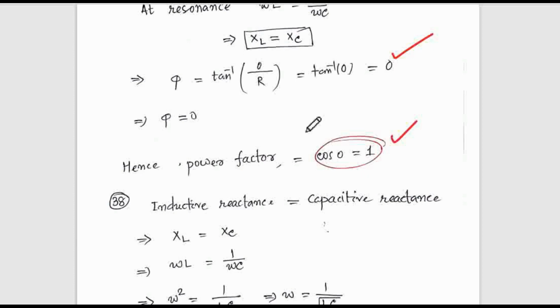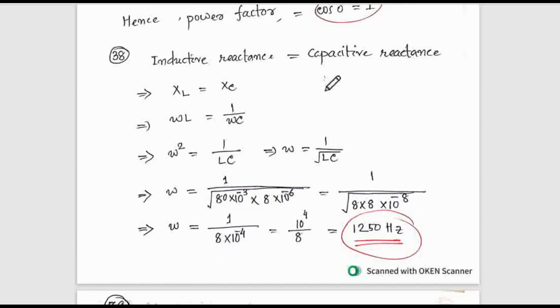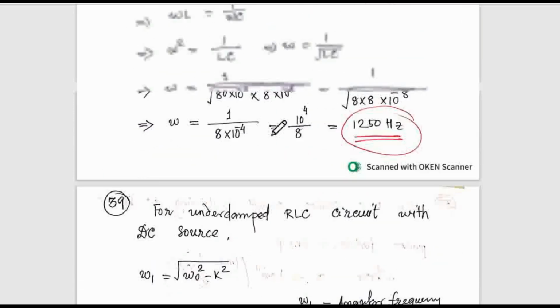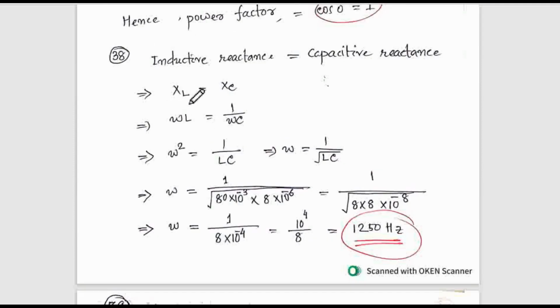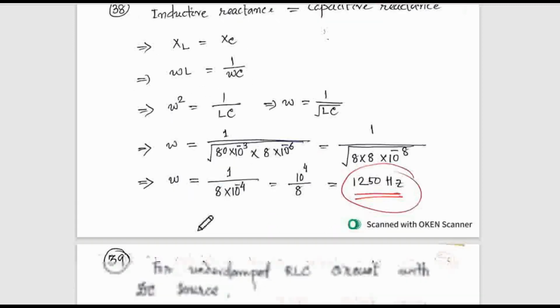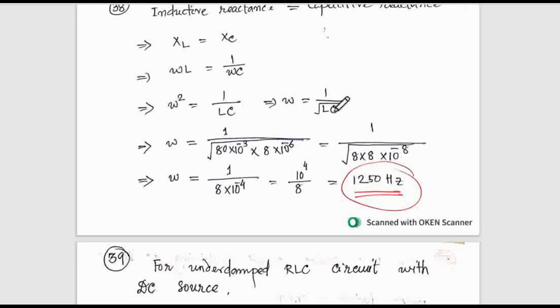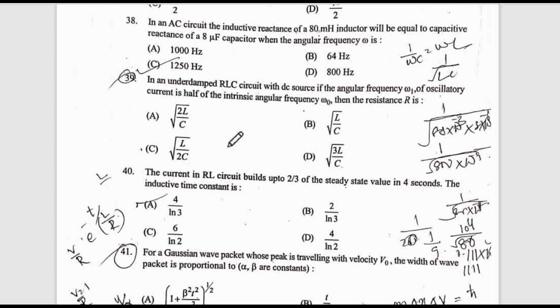We know that for an LC circuit, when you equate the capacitive reactance with the inductive reactance, you get omega equal to 1 by root over LC. If you put in the given values, you will get 1250 hertz. So option C is the correct one.